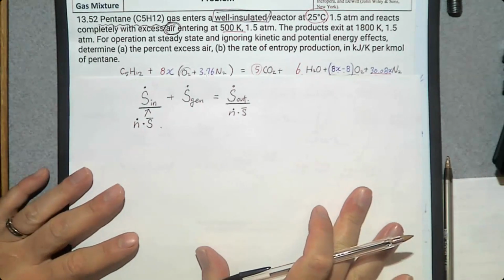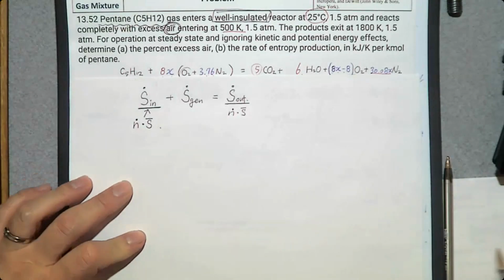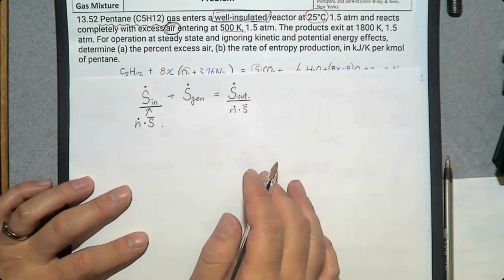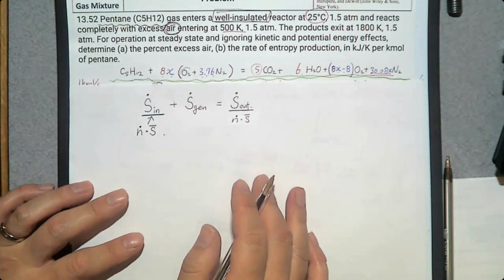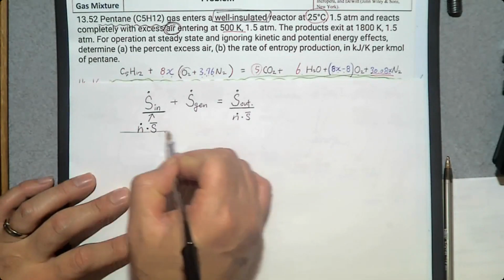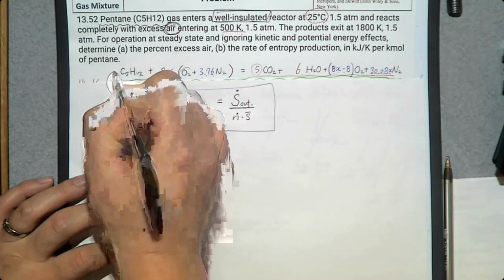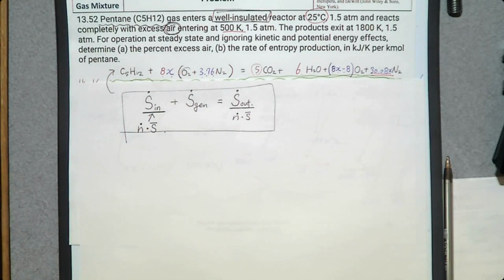Then let's complete this entropy balance equation for this balanced reaction equation. First, we have pentane.